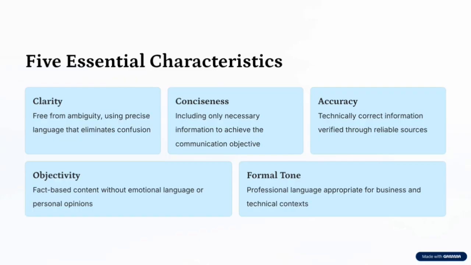So always use business language, technical concepts and technical language, rather than day-to-day language, WhatsApp language, or the language that you use in daily life. So these are the five essential features and characteristics of technical communication.